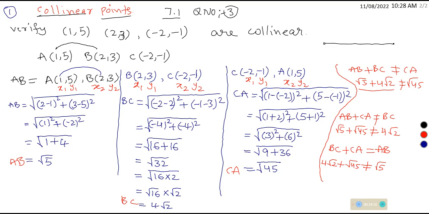Okay. Now, let us see one more type of problems. Next type of problems: if we are given 3 vertices or 4 vertices of a triangle or quadrilateral. For example, question number 7 in exercise 7.1.